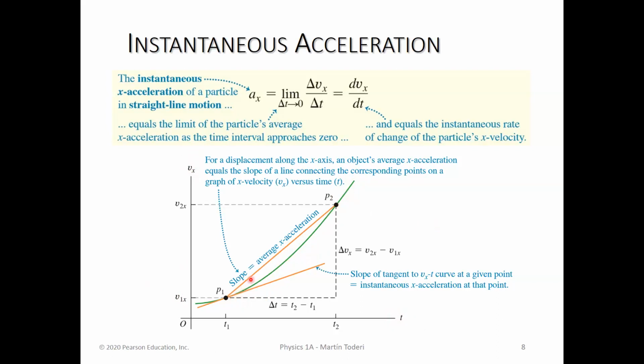So the average acceleration is for 2 points, and when we make it very small, the slope of that tangent straight line at that point is the acceleration, which is the derivative of that function.